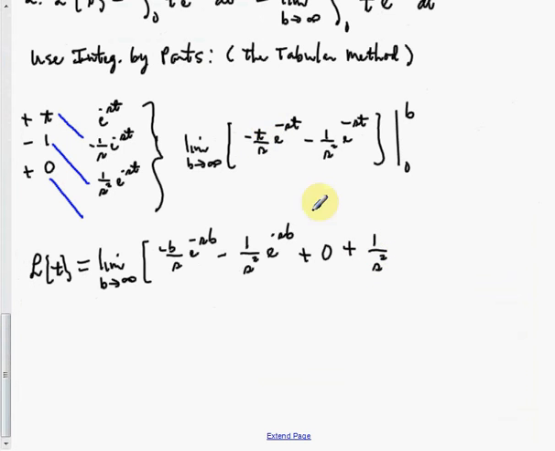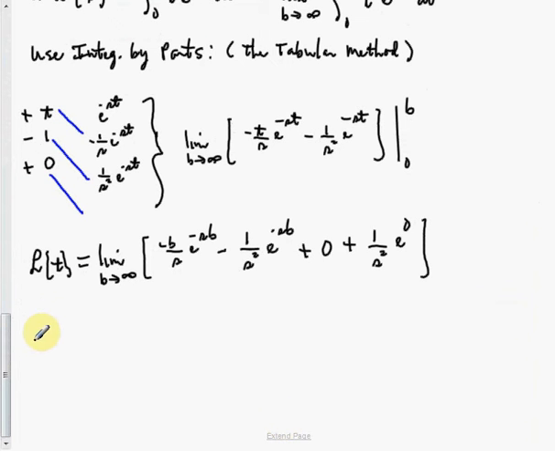The first term was 0 because this is just t, right? And so if t is 0, that whole term is 0 there. So then we come here, minus this minus is plus 1 over s squared times e to the 0. Okay. See if I can write this out one more step.